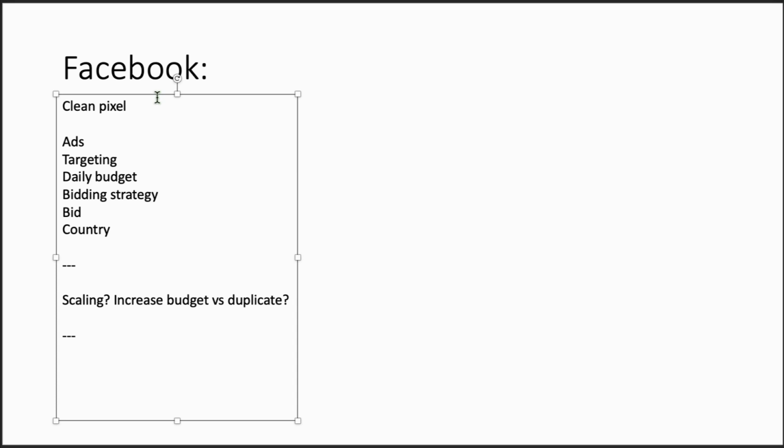Then with that best ad, we will go onwards and do 5 tests for each one of those targetings, and then we will pick the best one. Now we will go with the best ad and the best targeting and do the three bidding strategies, right? So in a sense, we're using the best element from before and we're going onwards.